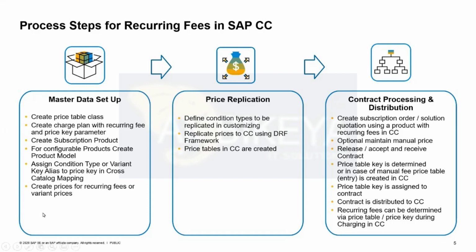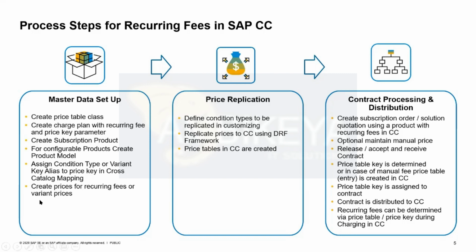Then we need to maintain prices for recurring fee using SD pricing, both for recurring fee as well as for variant prices. Once this setup is in place, we also need to define the condition types that are relevant for CC. That is a customizing where we maintain the list of condition types.